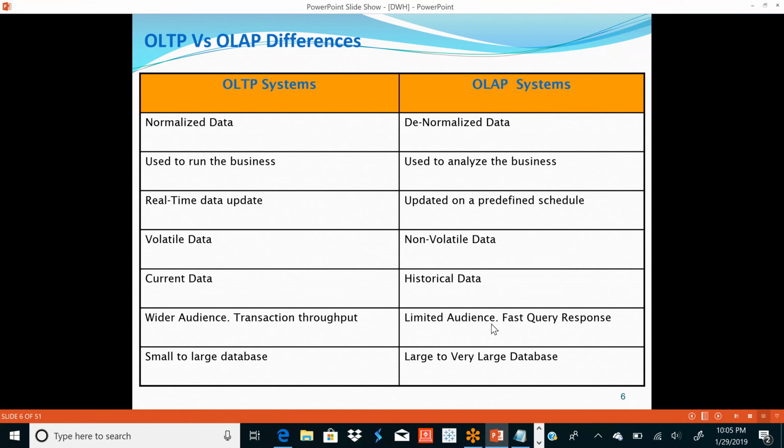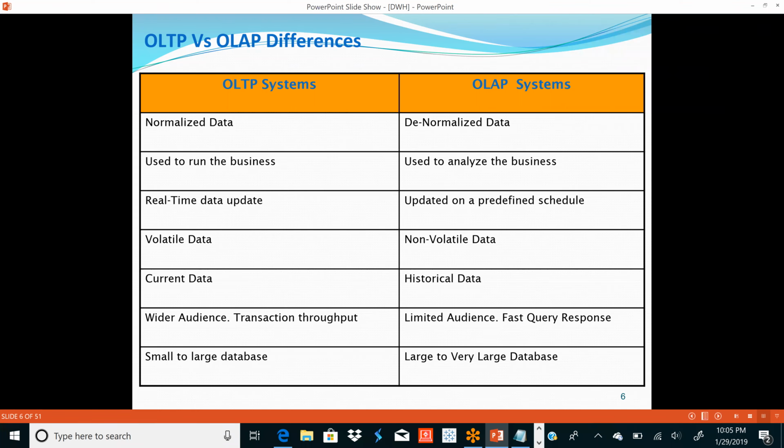Whereas this has limited users, accessible only by business users, and the query response should be fast, because here you deal with millions of records. And as we discussed, it will be say 100 gigs to 500 gigs, which is considered small to large, and here it will be in terabytes to petabytes based on how big the organization is.